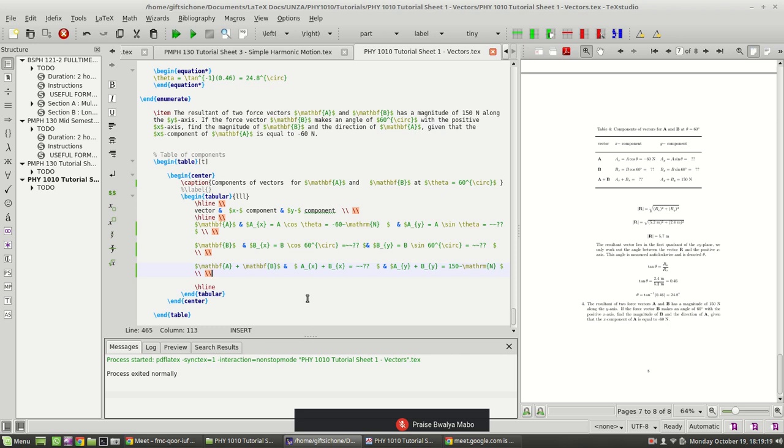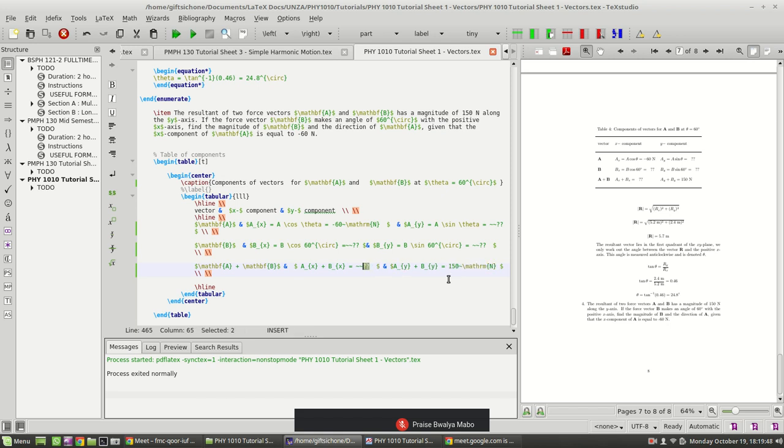If a vector lies along the y-axis, then that vector does not lie along the x-axis. Is that clear? So if the vector does not lie along the x-axis, how much is the resultant of the x component?